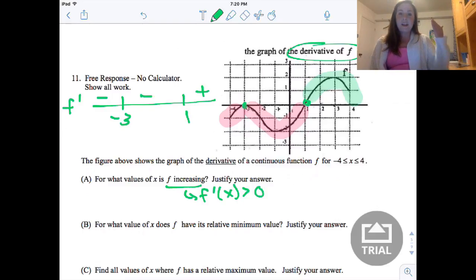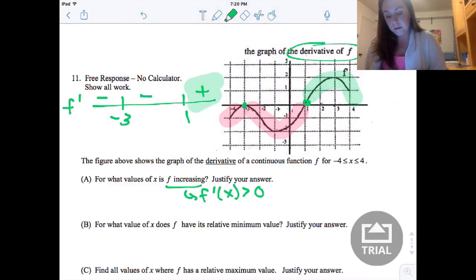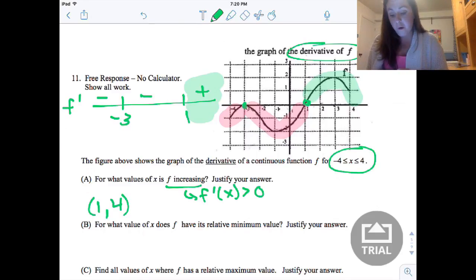So if you connect that in your head with this is what I want to see, look at f prime and see where that happens. I see f prime is greater than 0 right here. So I'm going to go from 1 to, remember to always look at your domain, 4. And it would be from 1 to 4 because f prime of x is greater than 0 on that interval. This is a totally adequate justification. You don't need more than that.